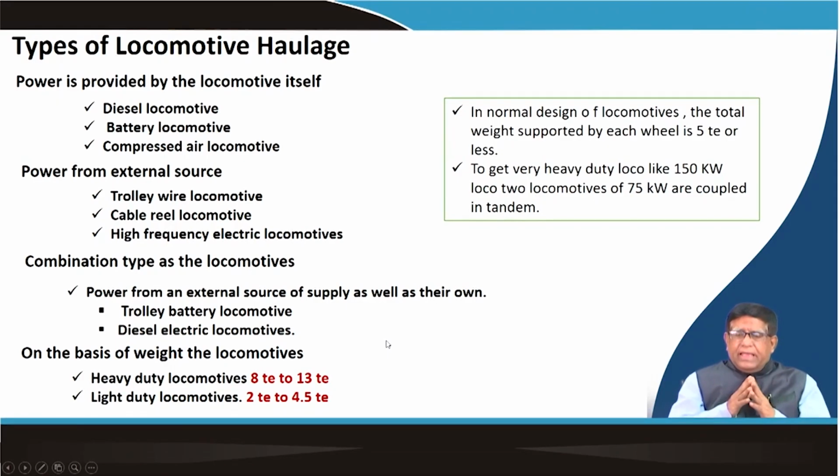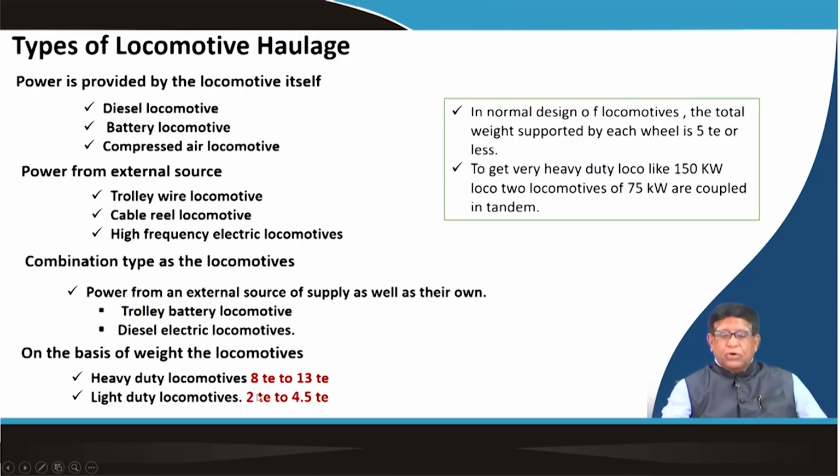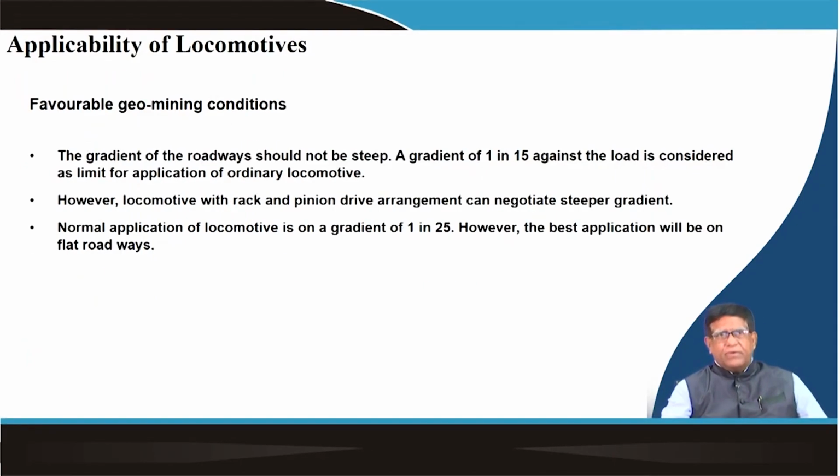In a normal design of locomotives, the total weight supported by each wheel is 5 ton or less, and there are also very heavy duty 150 kilowatt or 75 kilowatt locomotives. 2 locos can be used in tandem, depending on the power.